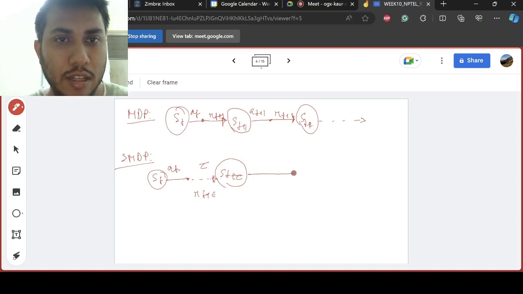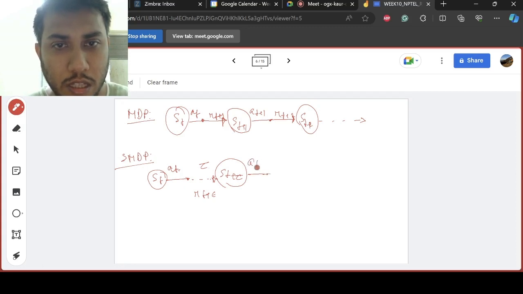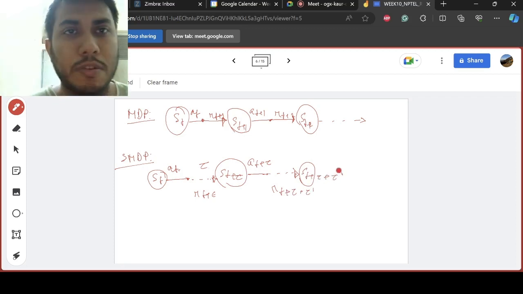And then you apply another action a_t+tau, you get a reward r_t+tau', and you go to state s_t+tau'.